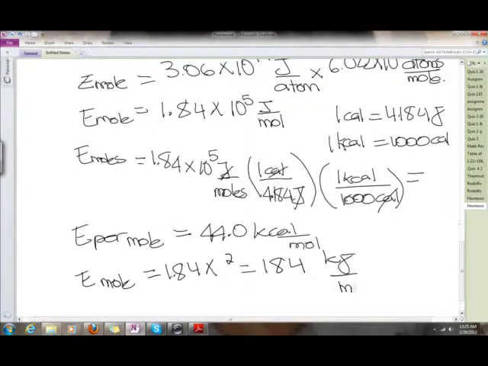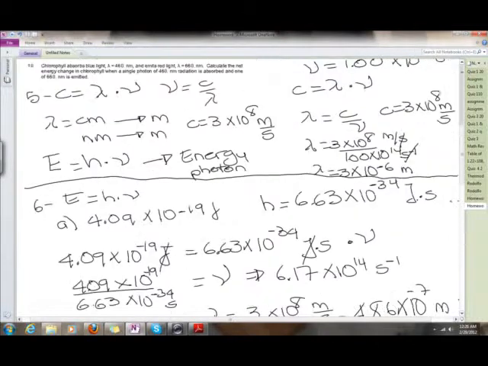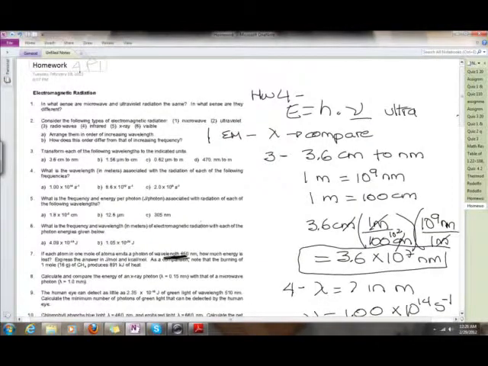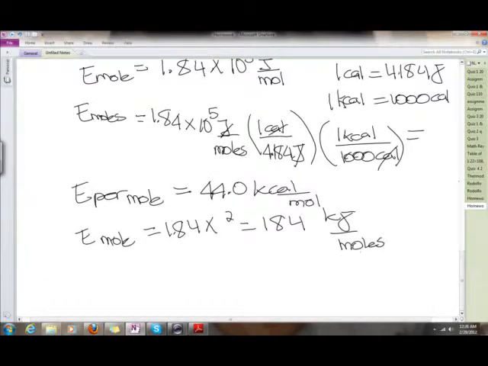I made a conversion to kilojoules so we can compare it to this one, 891 kilojoules of heat per 1 mole of methane. It's around the same thing. We're always talking about 184, 600. So it sounds about right.